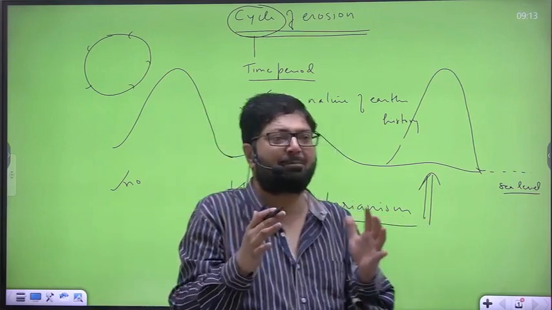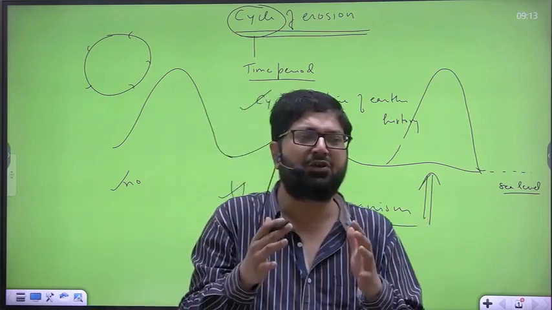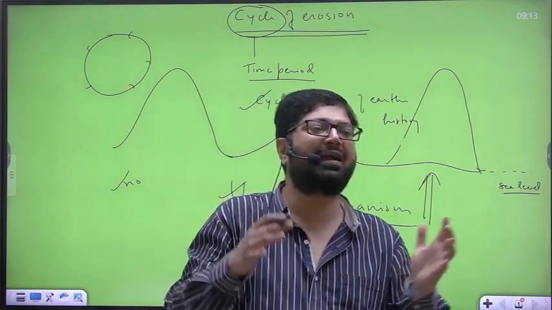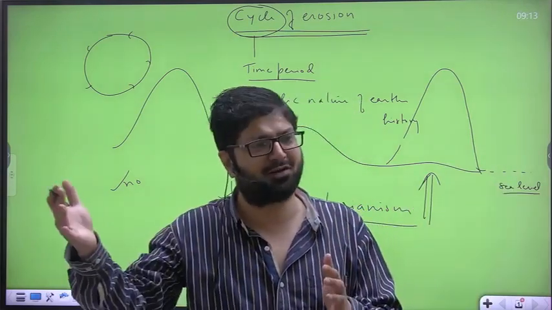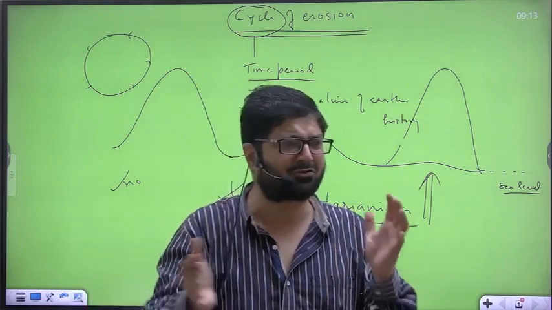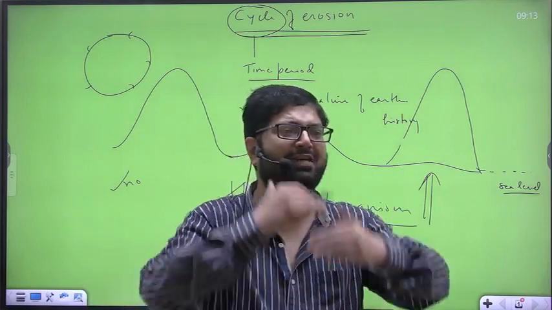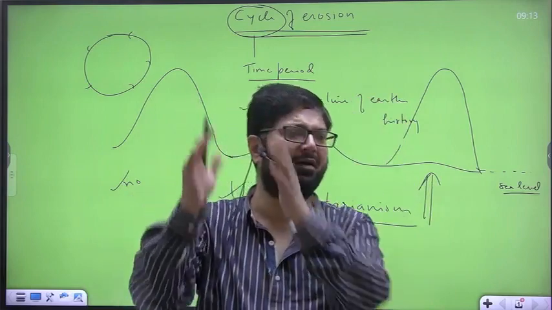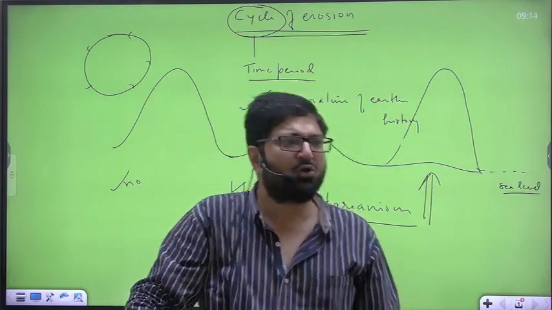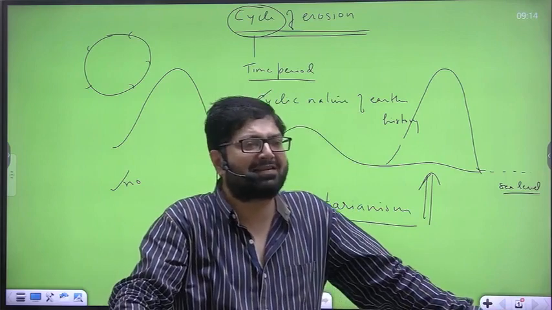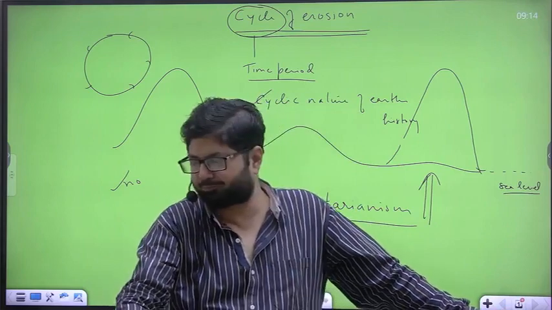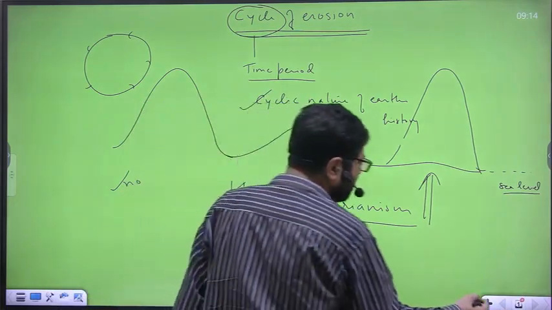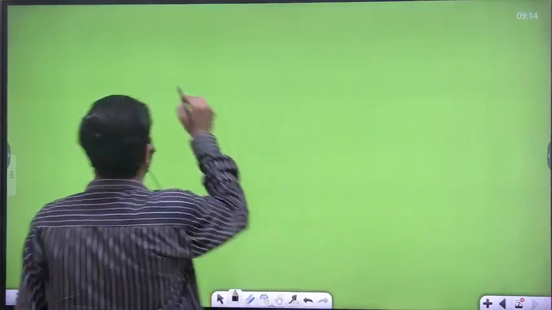If you understand the present geological processes, you can well predict the processes that operated in past and the processes that will operate in future. Because the same process goes on, because it is all cyclic. Upliftment, reduction to sea level, again upliftment. Getting this? So this concept of cyclicity was propounded by Hutton, based on Hutton's cyclic concept.